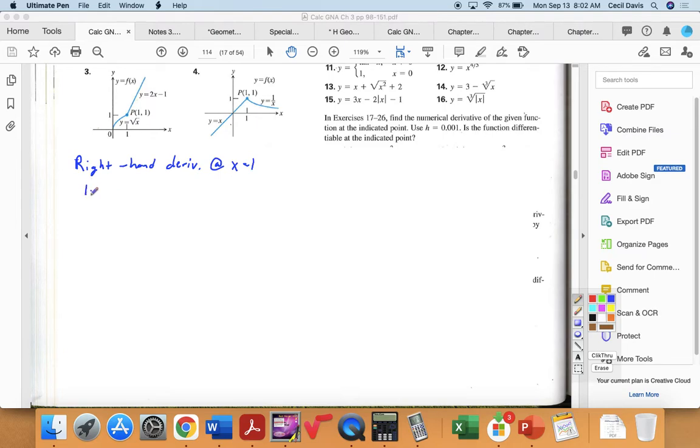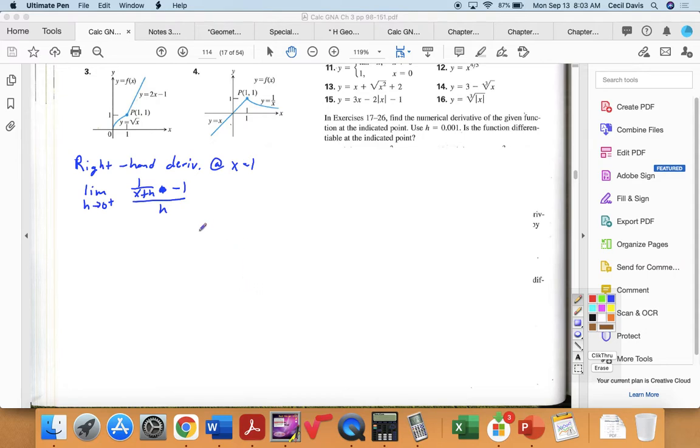So that'll be the limit as h goes to 0 from the right of 1 over x plus h minus 1 over h. So far, so good?